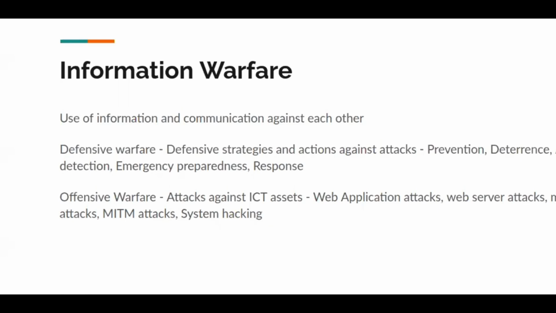Generally, you would term it as some kind of use of communication and information against one actor, against the other actor. So under offensive warfare, you would see that IT and information communication assets such as web applications are under attack, web servers are under attack. There are man-in-the-middle attacks, or the systems are getting hacked. So that's about information or cyber warfare.